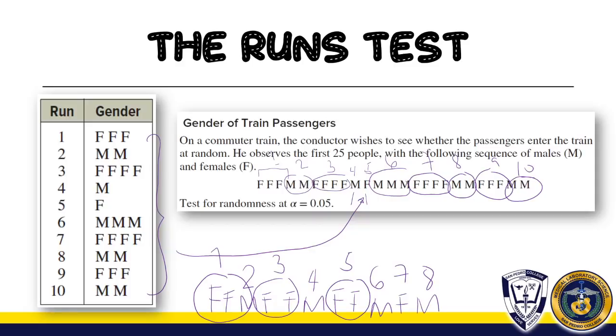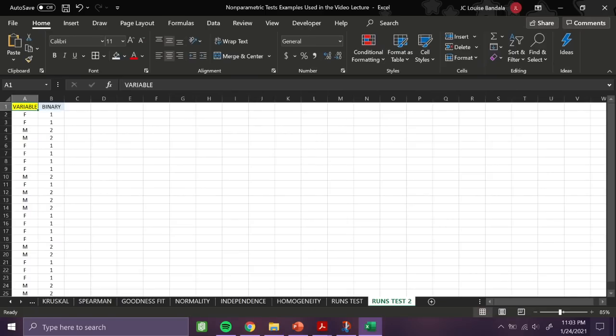And also, let me just emphasize that I will present two examples here in terms of the runs test, because it depends on the data that you have. So, okay, this is the first example. It is very easy to encode or shift this into numbers because, in terms of runs, letters cannot be used.